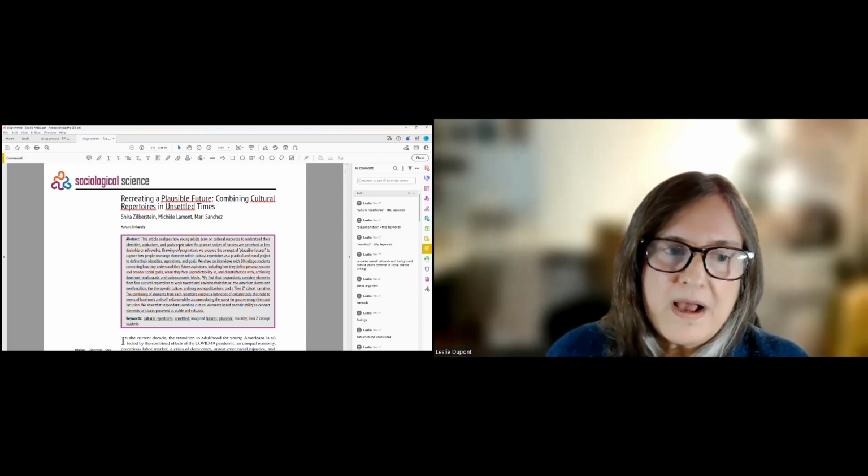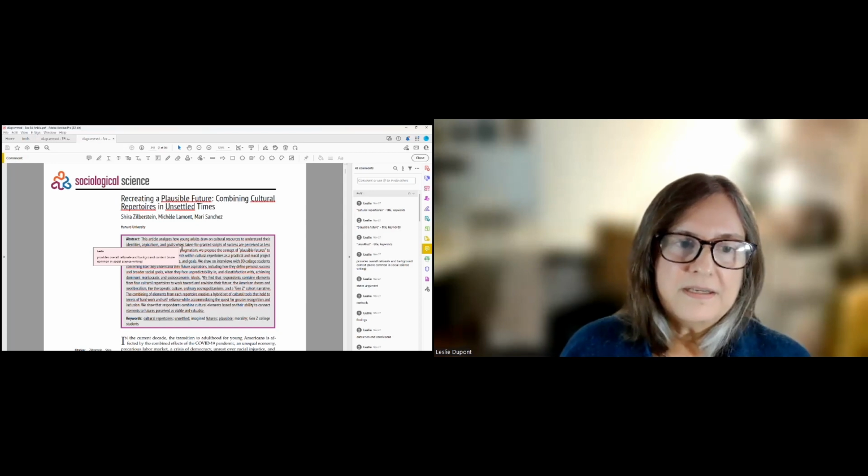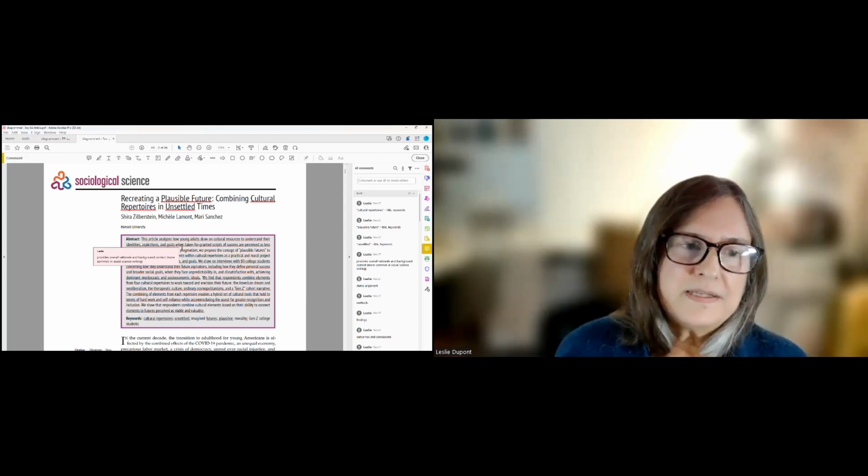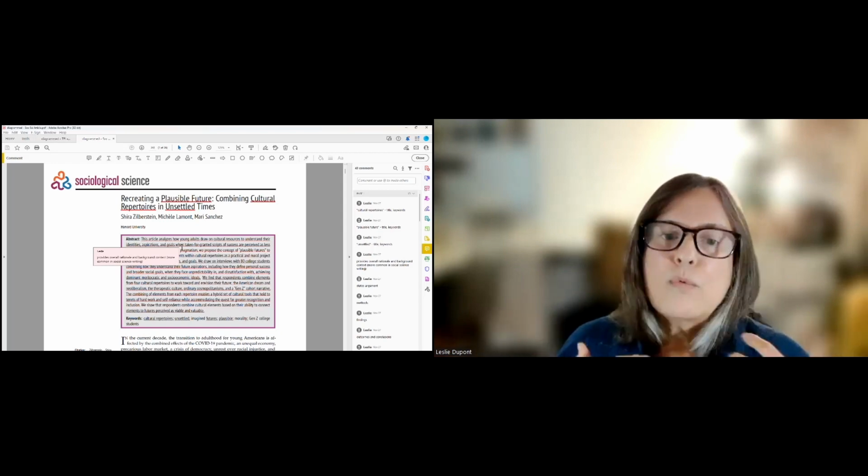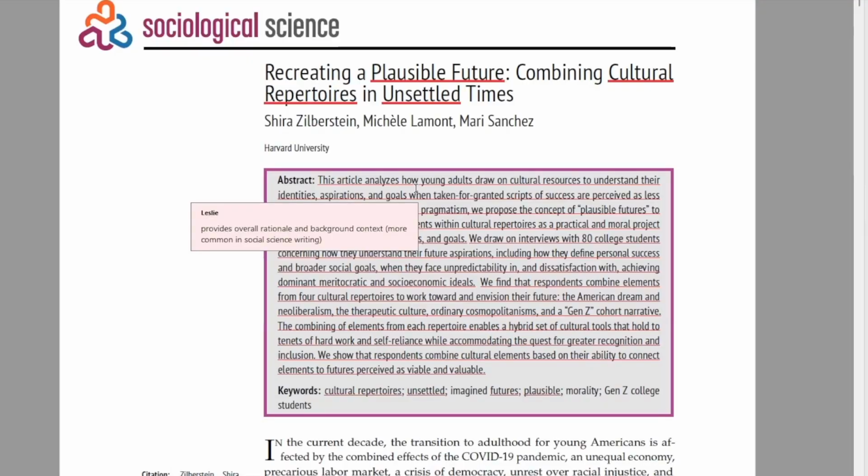So when I was looking at this, I was thinking, well, this sentence seems to provide an overall or underlying rationale, their underlying reasoning for this. And so it's implying a bit of background context. And so it's a short statement, but it's situating us in the context.